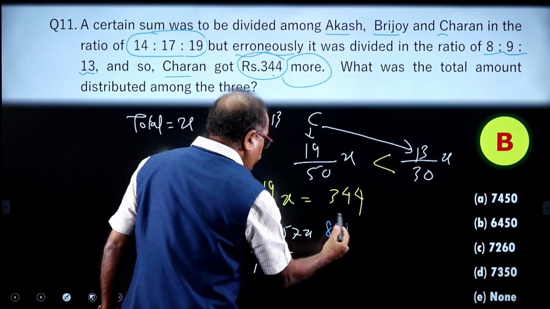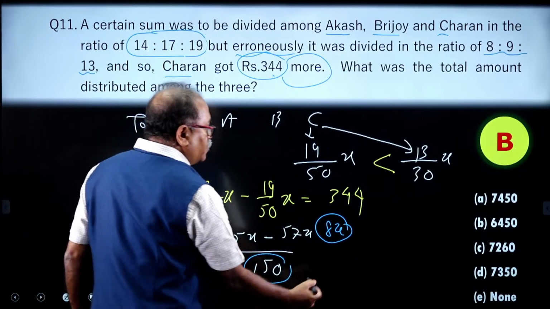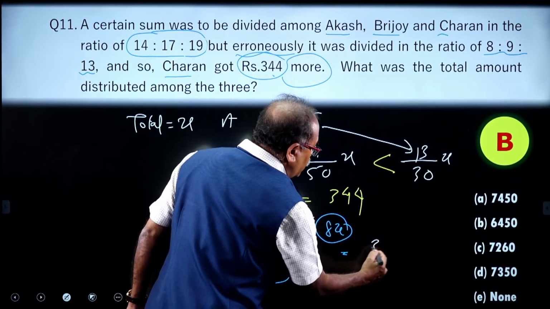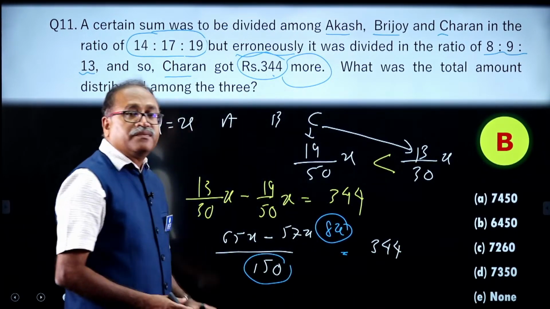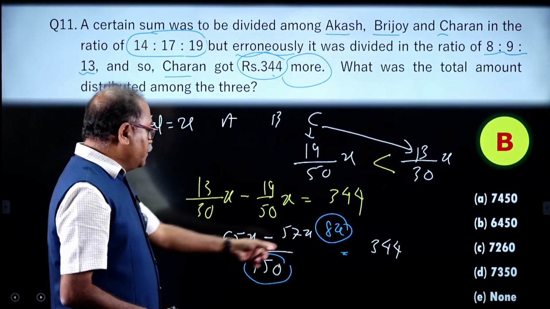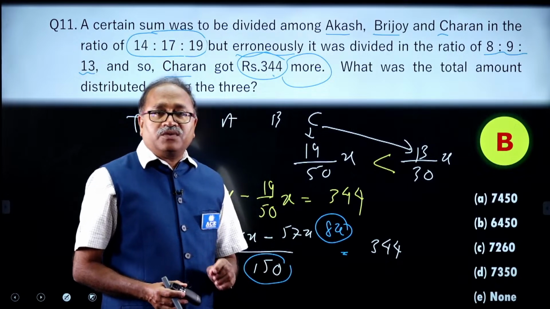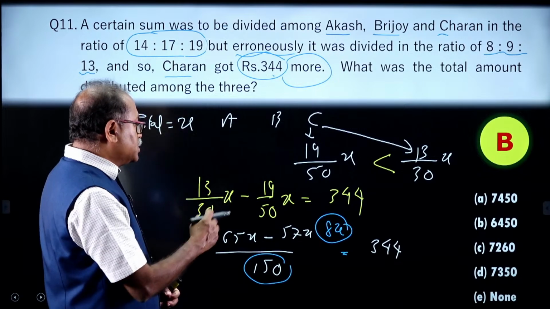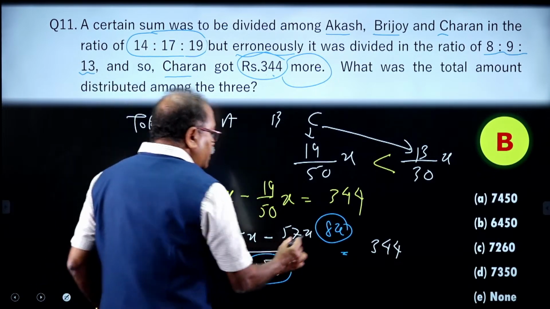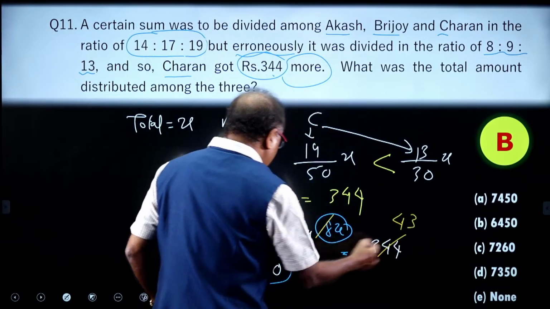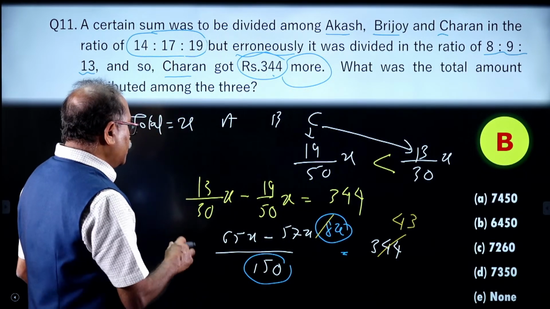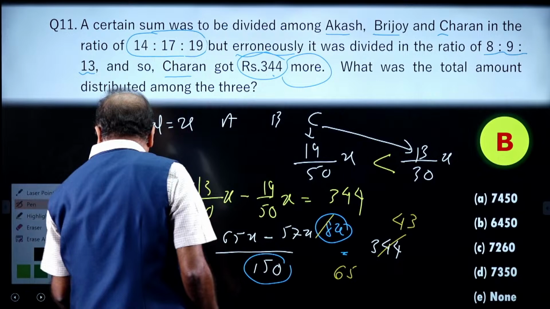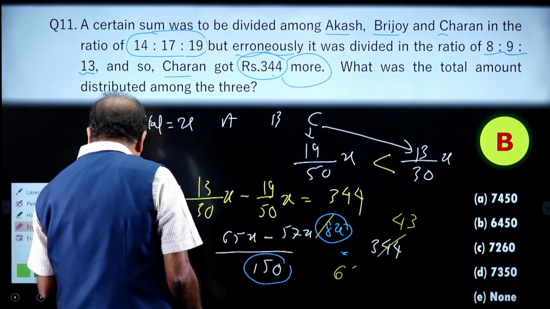This is 8x, and 8x by 150 is given to us as 344. Done. So if 8x by 150 is 344, then what is the x value? With 8 it is getting cancelled 43 times. I notice that with 8 it is getting cancelled 43 times. 43 into 150, which will be 600 and another 45. That is 6450. That's what I get as the result.